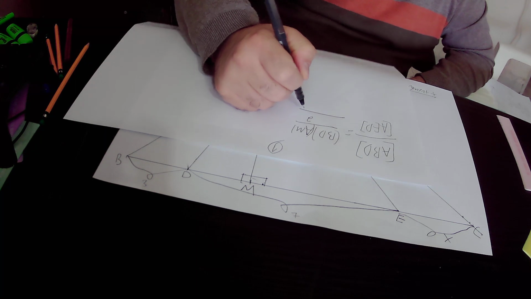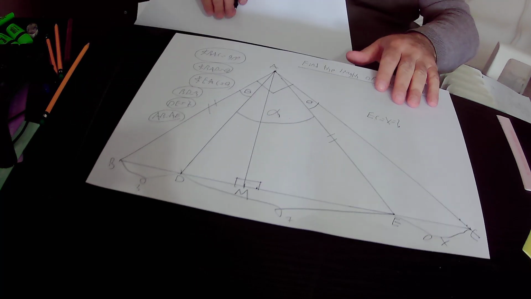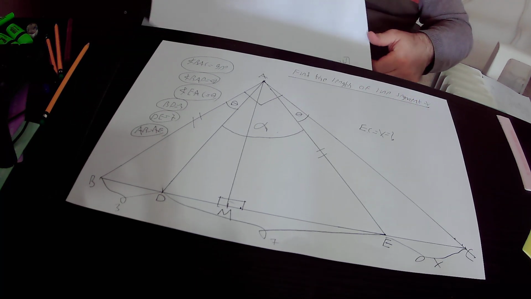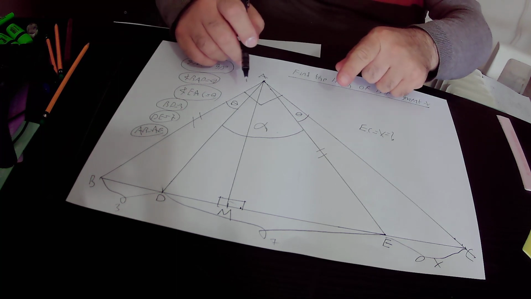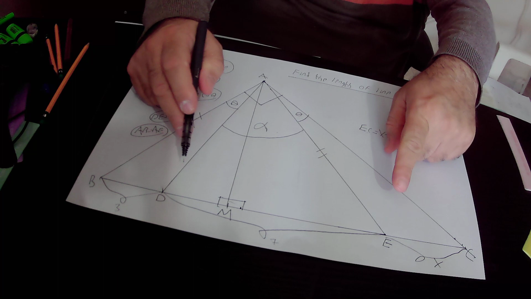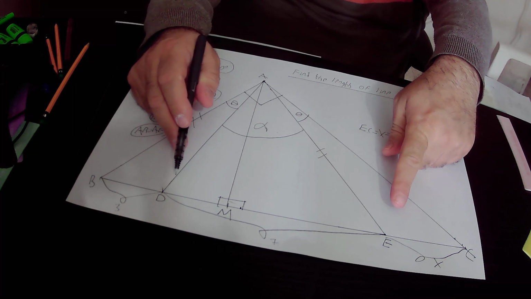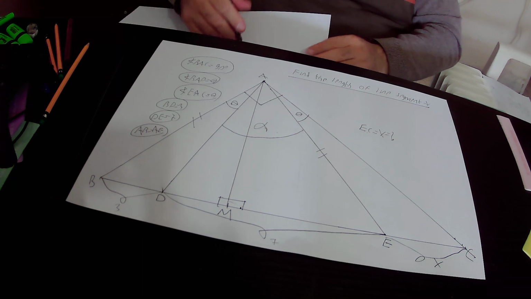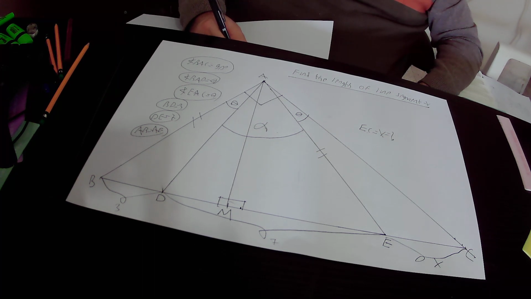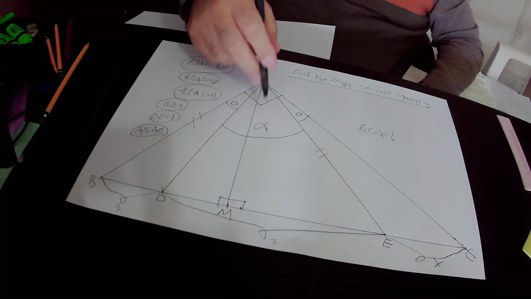Over the area of triangle AED. What is the area of triangle AED? The area of triangle AED will be equal to the base of the triangle. We take side DE as the base, so it is DE times the height to the base.